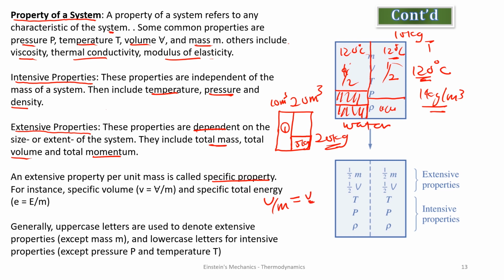Are we good? Anytime I have that, that will be okay. Generally, uppercase letters are used to denote extensive properties except mass, and lowercase letters are used to denote intensive properties except temperature and pressure. We must put that in mind.